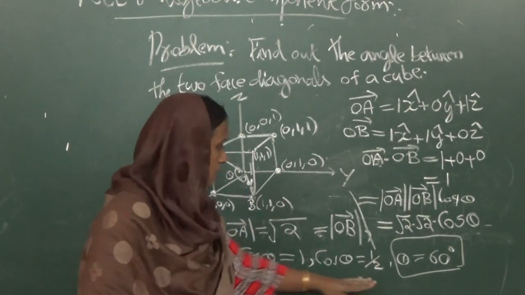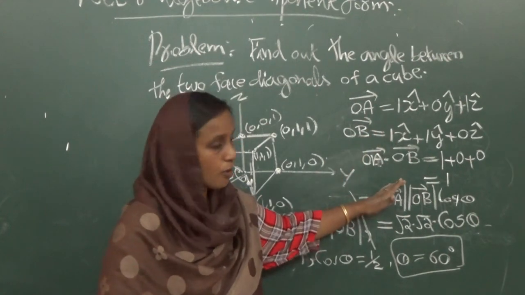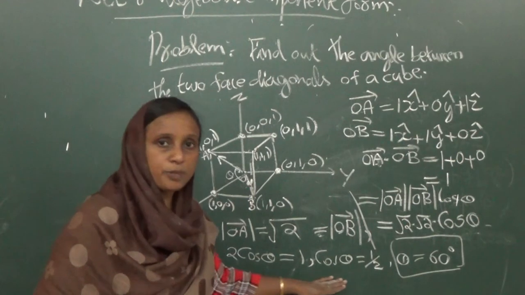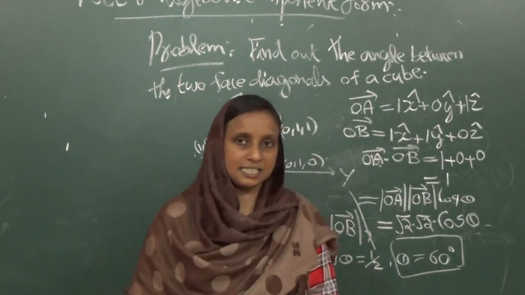Now we get the equation. Using this expression of component form and abstract form, the angle between the two face diagonals is theta equal to 60 degrees.